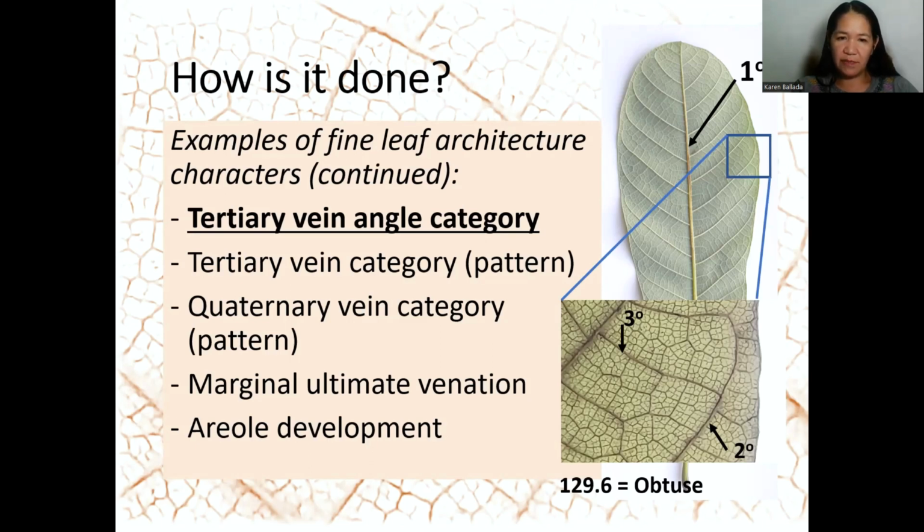But before we go into that category, first we try to take a look at the tertiary vein angle. In this particular illustration, the tertiary vein angle is quite obtuse, because your basis of measuring the tertiary vein angle is the angle of the tertiary vein pointing towards the basal part of the leaf relative to the primary vein.